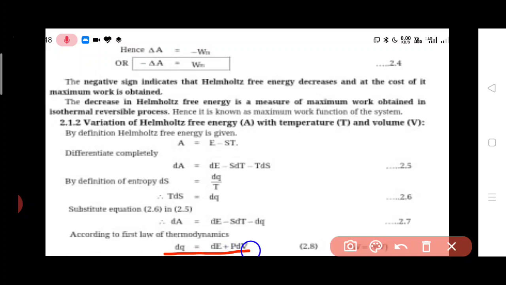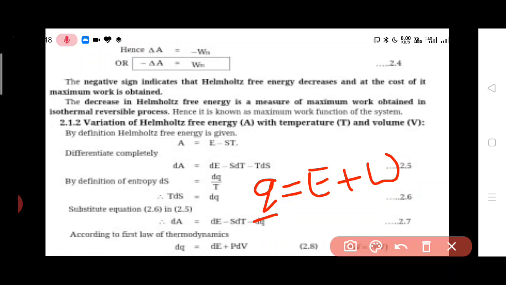So dq is equal to dE plus pdV, because we know according to the first law of thermodynamics q is equal to E plus W, means the total amount of heat energy will be used to increase internal energy, while the remaining amount of energy will be useful for doing work. So this internal energy can be written as dE, and this W is written as pdV. pdV is a pressure volume type of work.